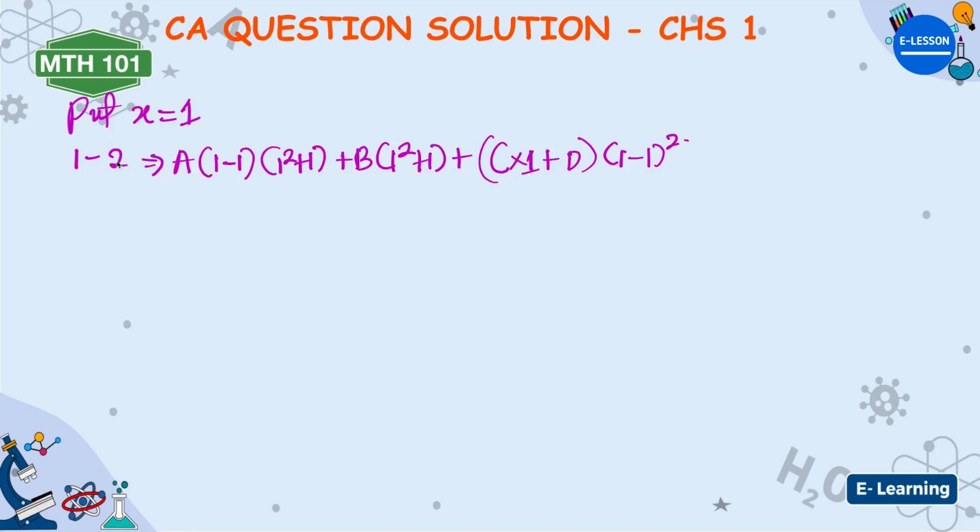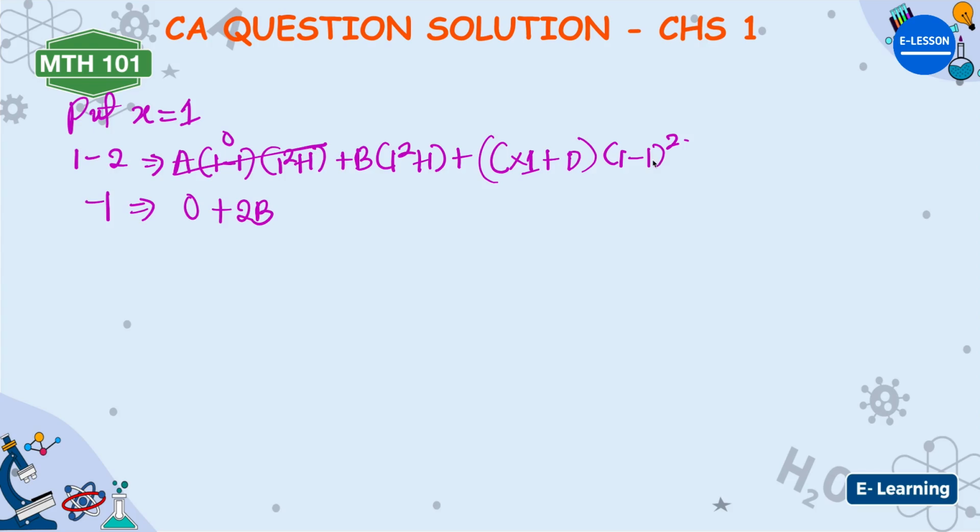Now, you now discover that 1 minus 2 will give us what? Minus 1. 1 minus 1 will give us 0. Everything here multiplied by 0 will give us what? 0. Now, 1 squared is 1, plus 1 is what? 2. 2 times B is what? 2B. So this first one will give us 0 plus 2B.